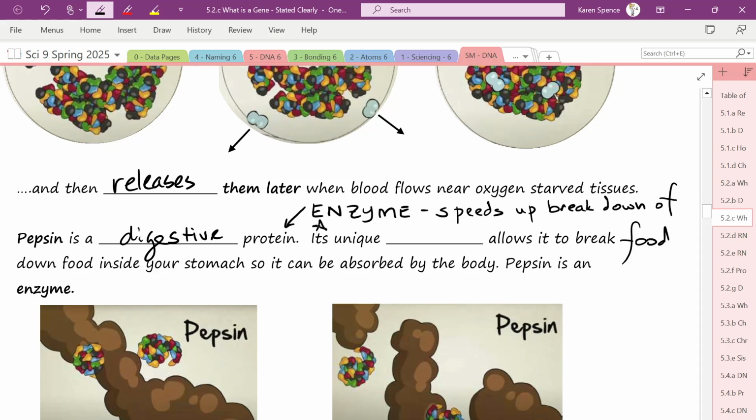You need to know the word enzyme. Its unique shape allows it to break down food inside your stomach so it can be absorbed by the body.